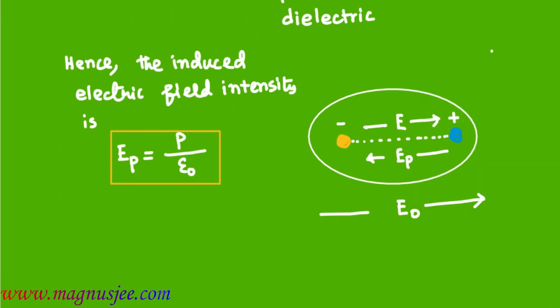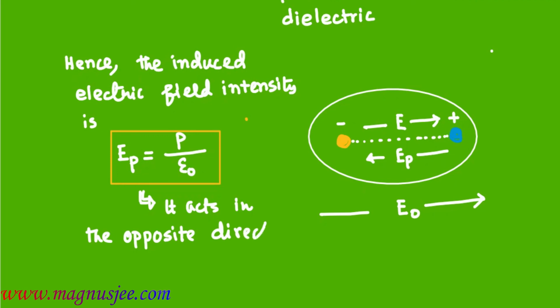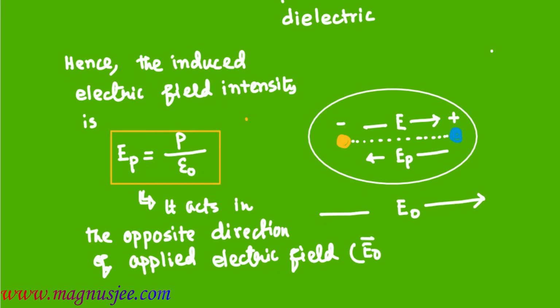And this electric field intensity due to polarization acts in the opposite direction of the applied electric field E0.